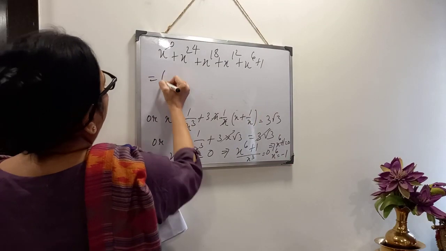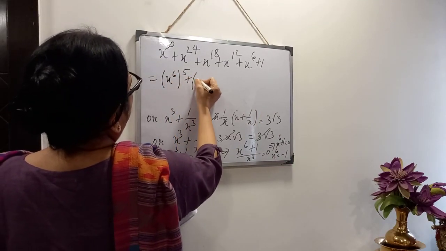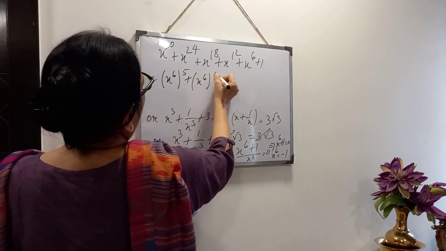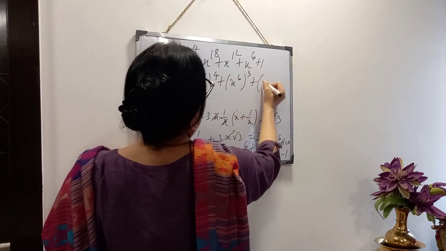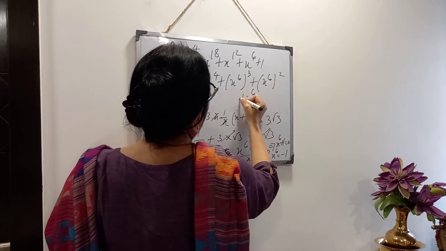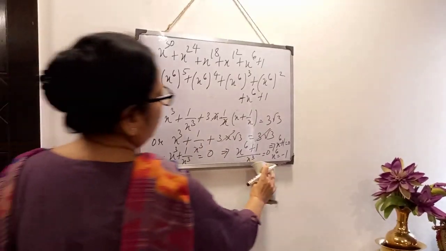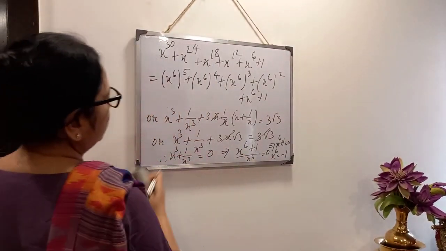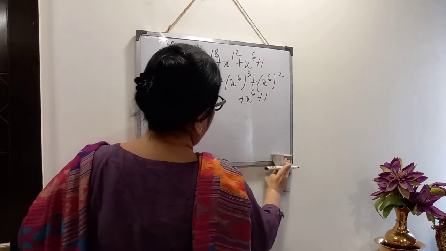So this we can write x to the power 6 whole to the power 5 plus 4, 3, 2, this. Why have you done this? As we know the value of x to the power 6, that is minus 1. So we put now this value.